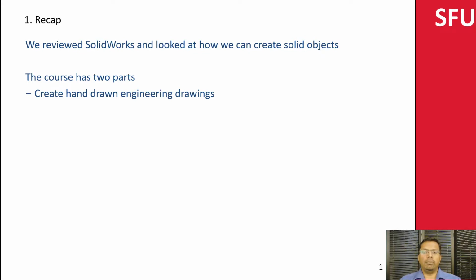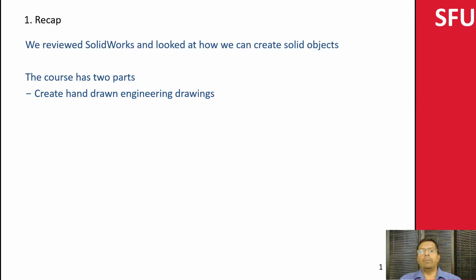This is really important from a traditional perspective, where if I give you a drawing that was already created, you should be able to interpret it and figure out what the drawing actually says. Also, once you create the drawing and take it for production, a lot of these sign-offs need to be done on the engineering drawing. And if you're interpreting the drawing, you should be able to look at it and make a good judgment, or at least have a basic idea of how the object looks.